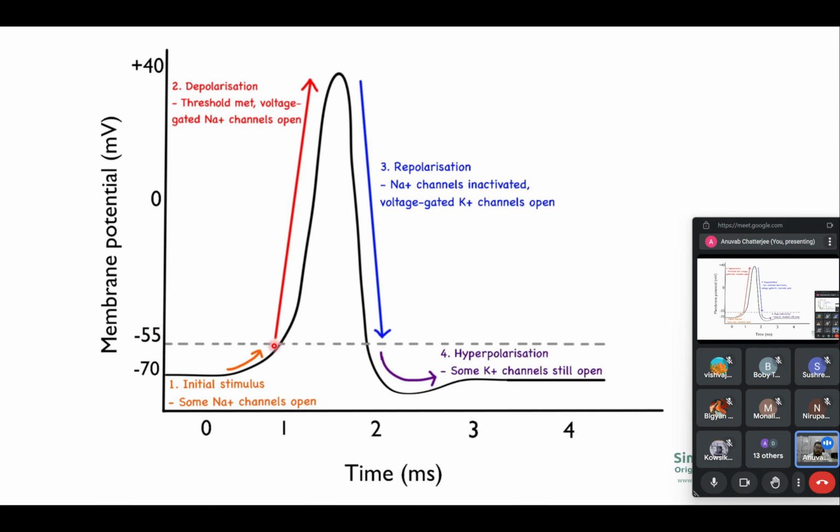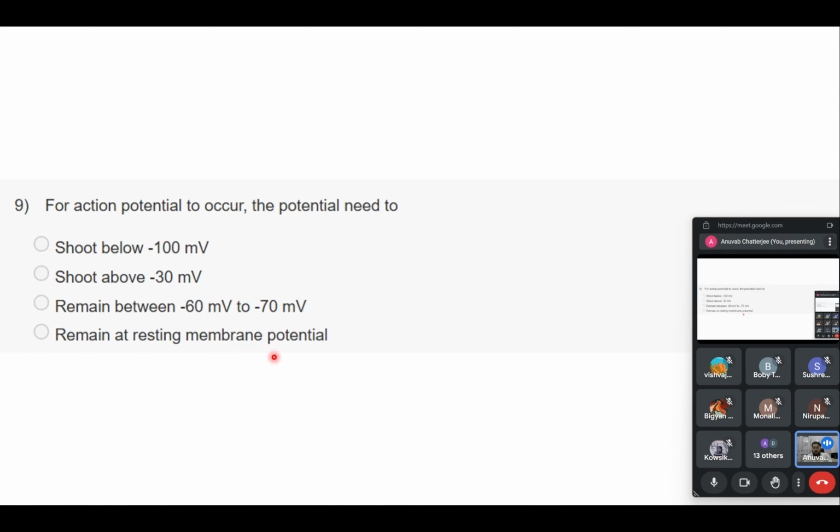But once it crosses the threshold, then we have a huge depolarization, which is the action potential. So for this particular question, the only option that serves any purpose is shoot above minus 30 millivolt, which will be the initial threshold breaking stimulus, which will then cause the entire action potential to occur. Any questions from this?